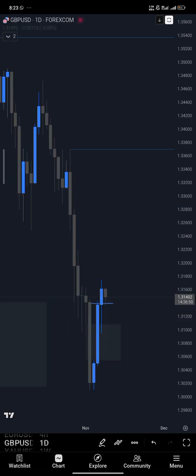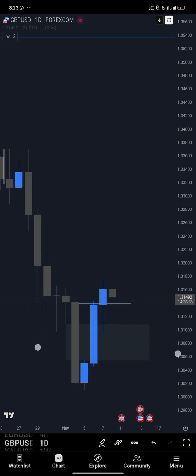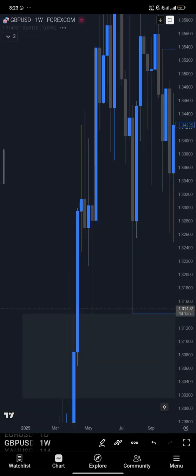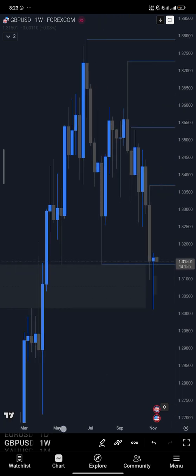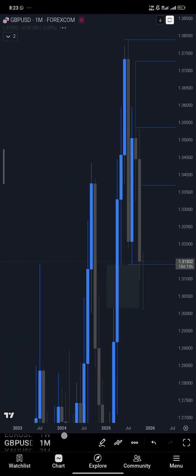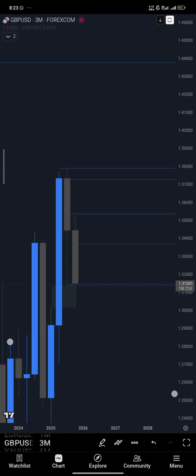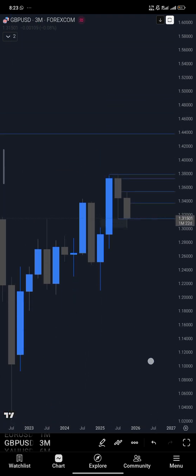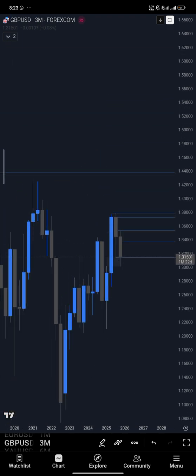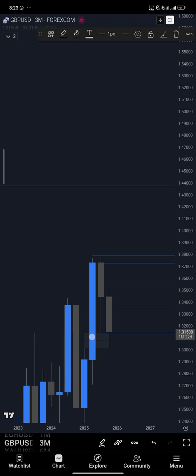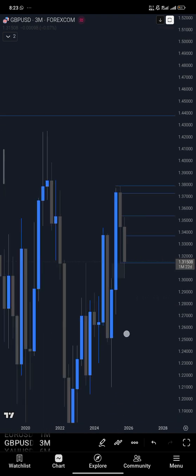GBPUSD. So GBPUSD is really solid, price action looks solid. So from the monthly time frame or even 3 months time frame, we have this fair value gap. 3 months time frame very bullish. We have this other block, 3 months other block, meaning fair value gap here on 3 months.